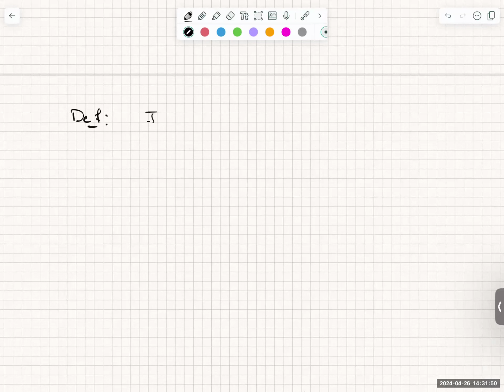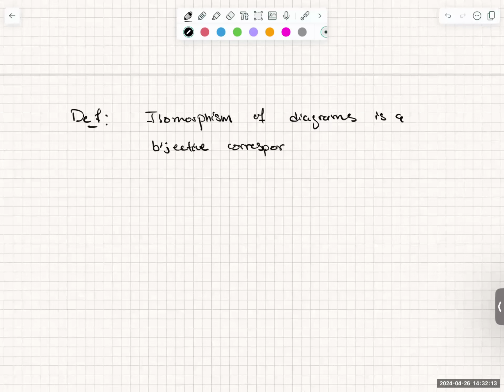So it is a bijective correspondence between boxes and wires, which preserve the manner in which the boxes and wires are connected.